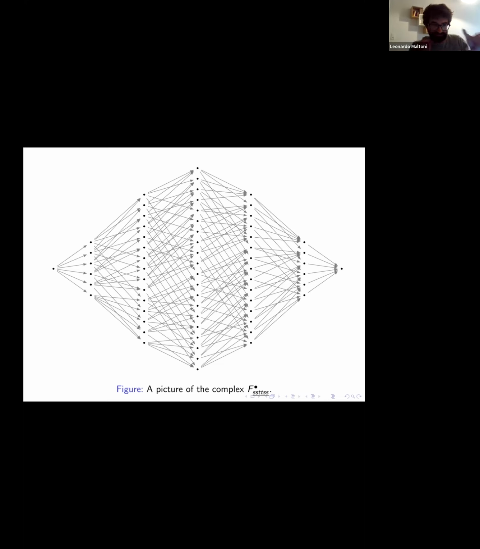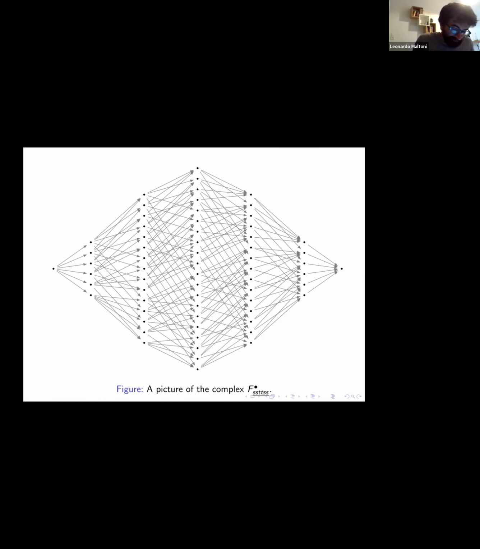So you have seen that the standard and co-standard are concentrated in 2 degrees, like 0 and 1 or 0 and -1. So products of these complexes give gigantic cubes. Like if you take n of these, then you have 2 to the n possible products. And this, for example, is a picture of the complex F_s, F_s, F_t, F_t, F_s, F_s. And this is a representative, but we can do something better.